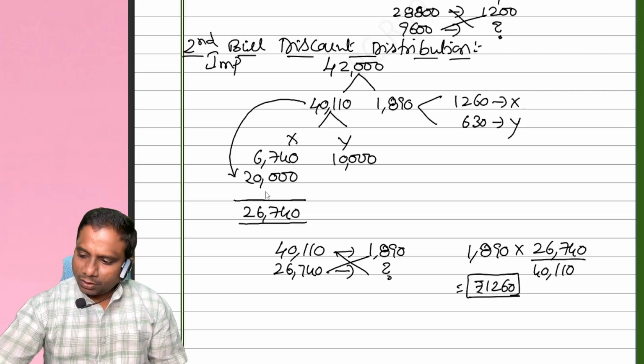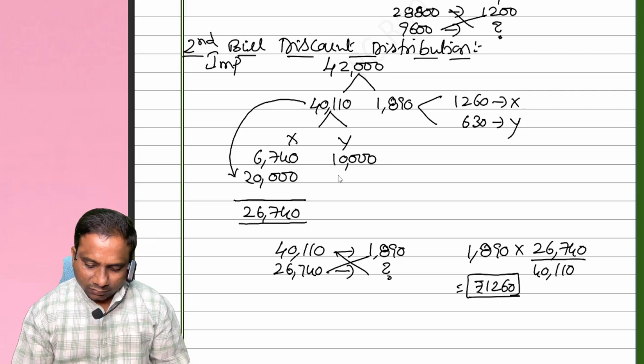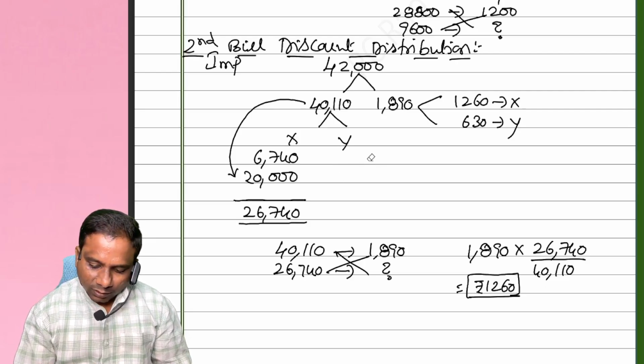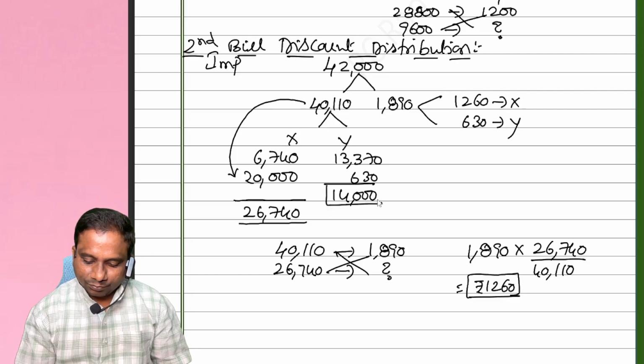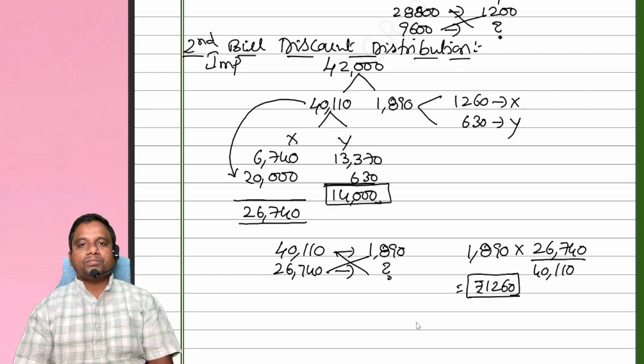Second bill, out of 40,110, 26,740 is used by X, so 13,370 by Y. Total amount utilized out of the second bill by Y, 13,370 plus 630 rupees discount. Total comes to 14,000.